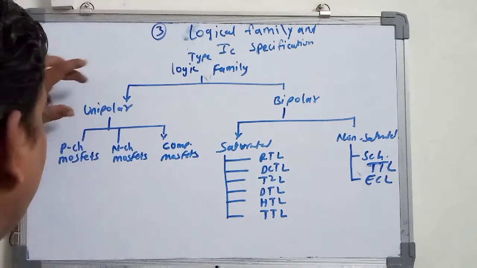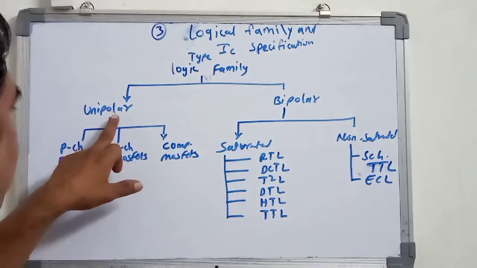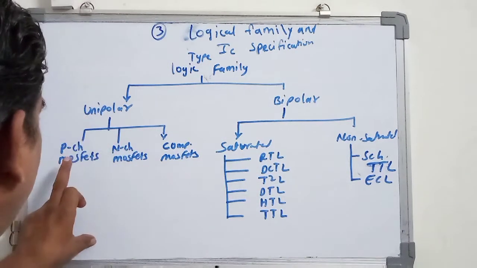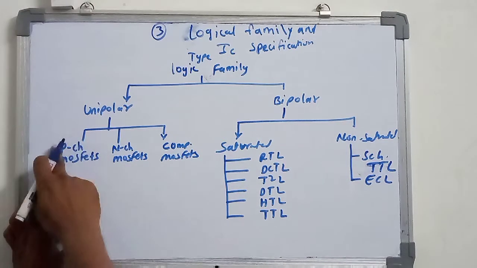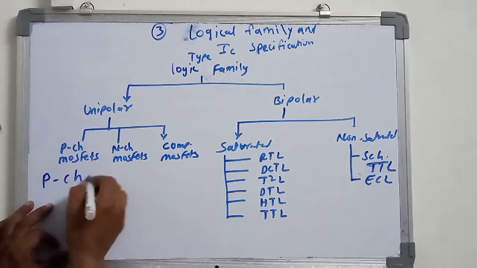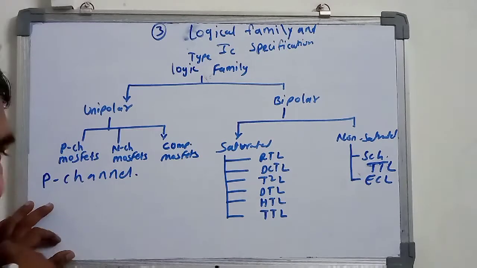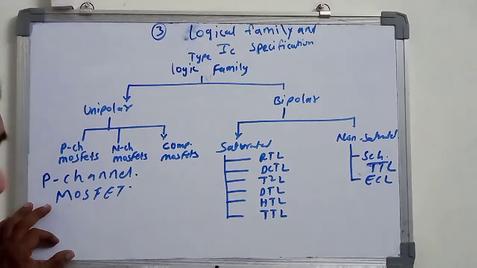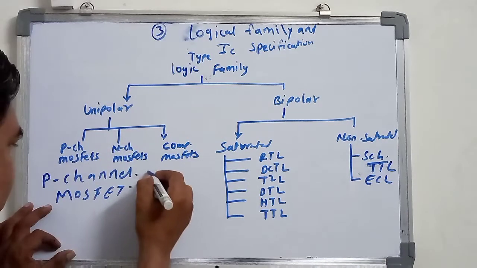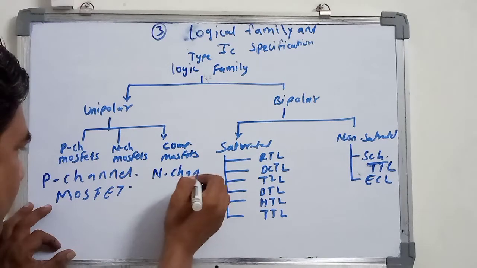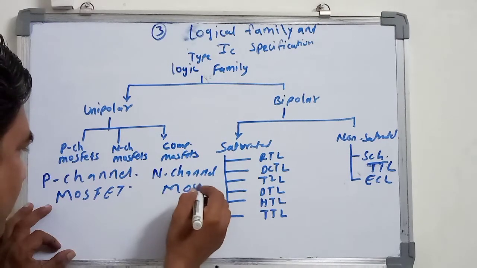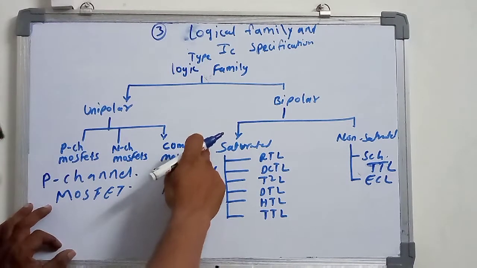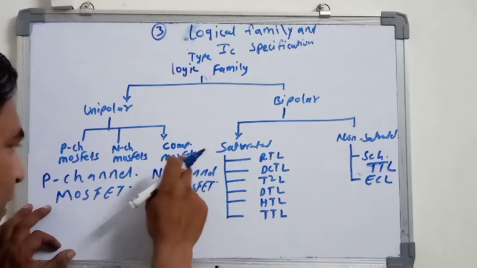Okay, once again, the logical family has been classified into two types, that is a unipolar and second is the bipolar. The unipolar is classified into the three types, that is a this PCH is nothing but P channel MOSFET. Also it is a N channel MOSFET, and it is a complementary metal oxide semiconductor field effect transistor.